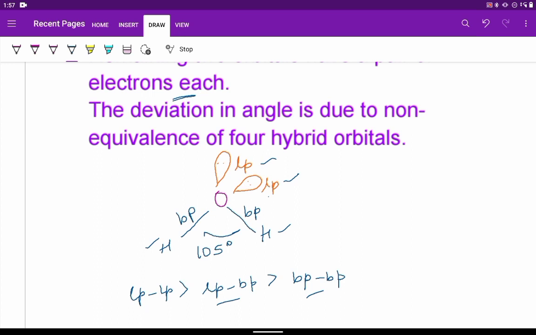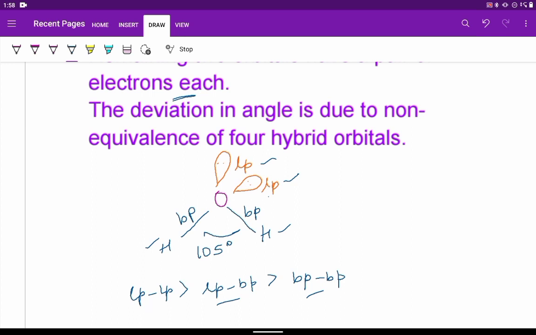So these 2 lone pairs will repel maximum and they will push the OH bonds as far as possible from them, because as I just told you, the lone pair electrons are under the influence of a single nucleus, so their repulsion power is more. So lone pair repulsion is maximum, greater than lone pair bond pair, which is even greater than bond pair electrons.